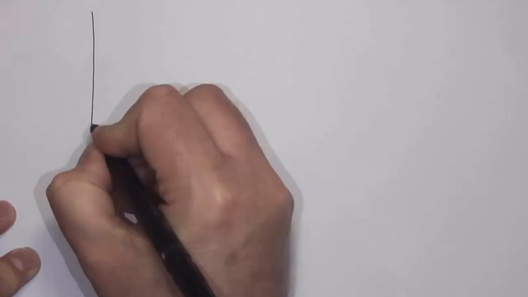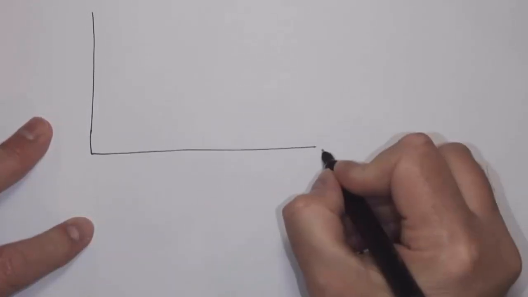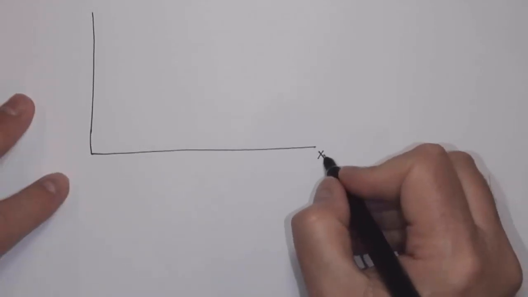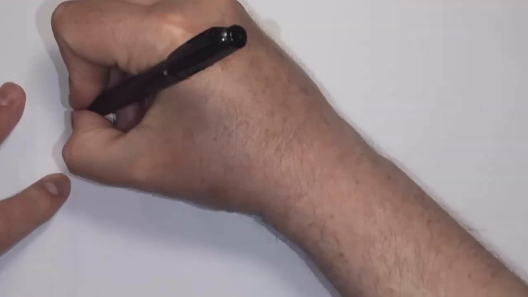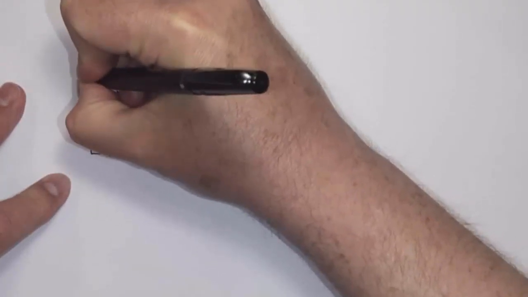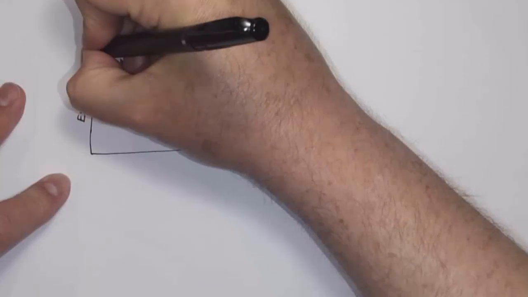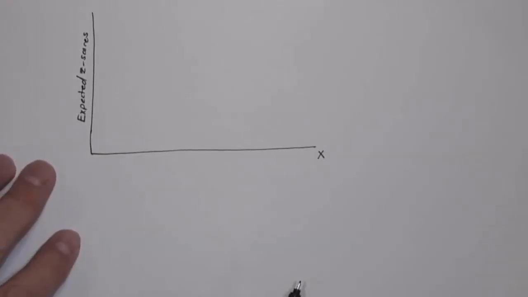So I'm going to make coordinate axes here. So along the horizontal axis, we're going to use the actual data values, and along the vertical axis, we're going to have the expected z-scores. So these are the z-scores that we would expect, okay?